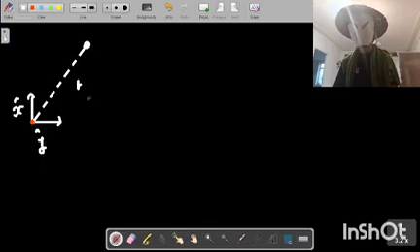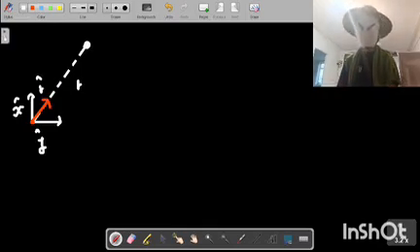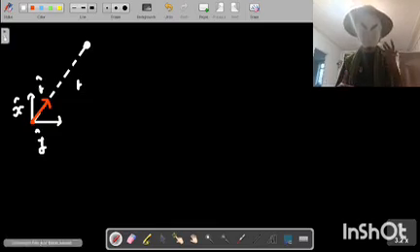And let's just say that this is r hat, this vector right here. Now, as you know, x hat, y hat, r hat, they're all vectors with the unit of 1 that shows us a directionality.